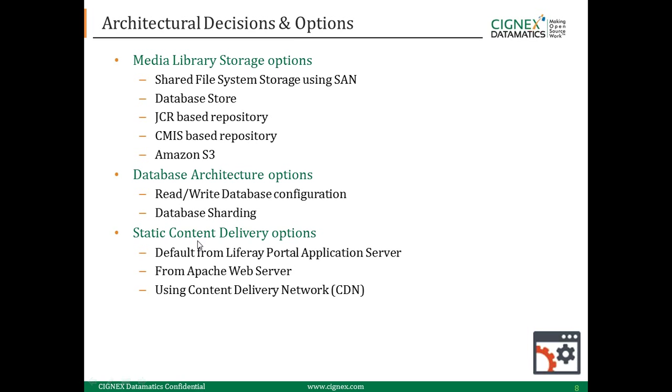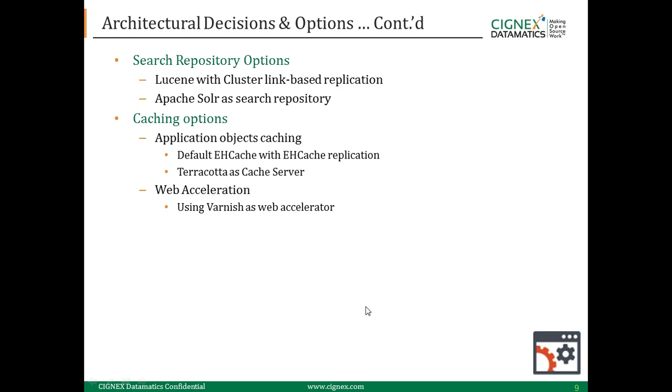There are options available for delivering static content. By default, all static content is served from your Liferay portal application server, but the preferred options are to serve it from the Apache web server or using your CDN, that is your content delivery network, in case a CDN is available.